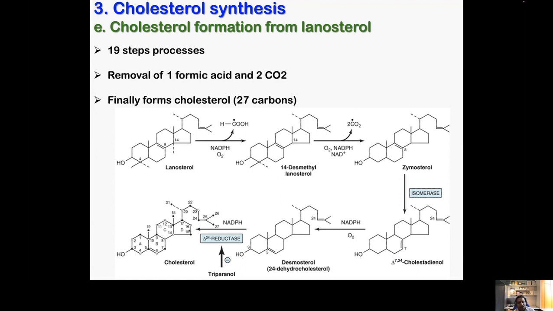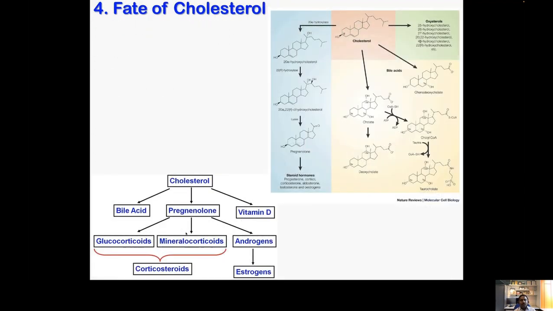And then the important byproducts we are getting at the end of each step: mevalonate, HMG-CoA, and then squalene, lanosterol, and molecules like IPP, DMAP. So that's what you need to remember. Don't worry about the structures of these molecules, but you need to remember how many carbons are there in each of these molecules.